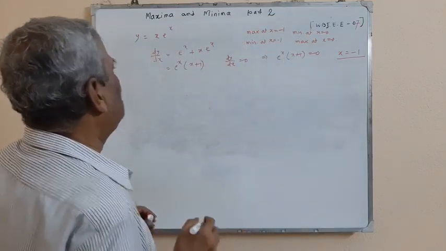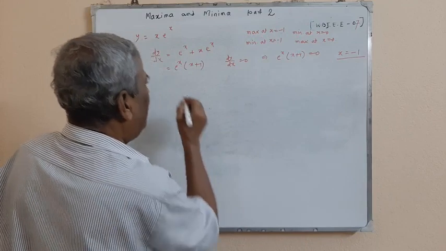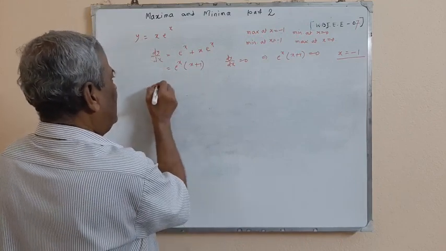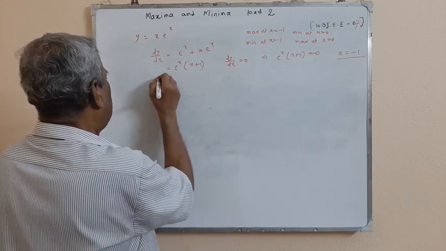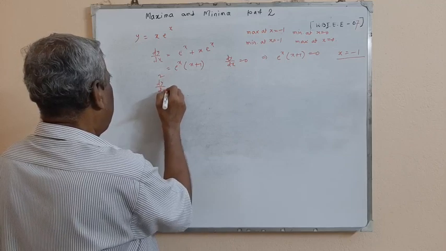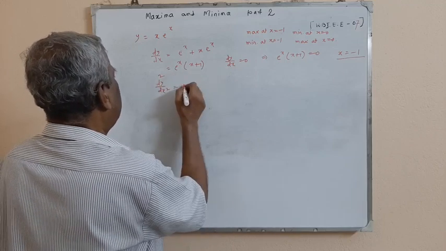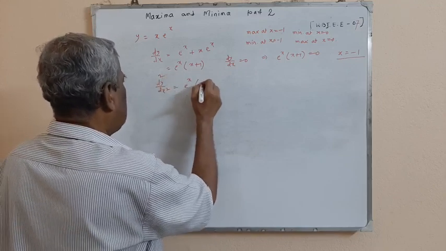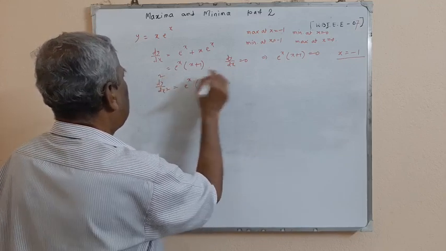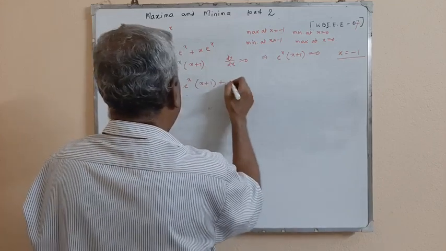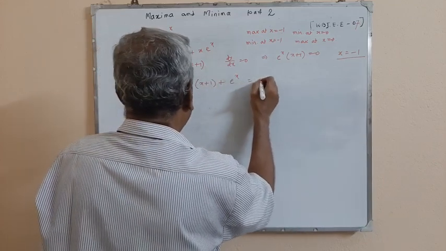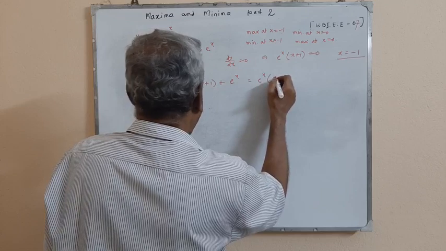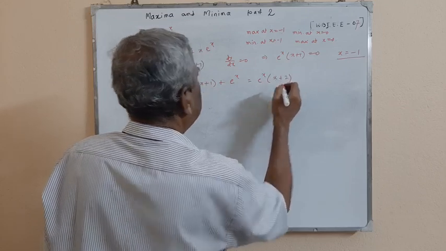For that purpose, we have to find the double derivative, d2y/dx2. It is the derivative of e to the power x into x plus 1, that is, e to the power x into x plus 1 plus 1 into e to the power x, which is equal to e to the power x into x plus 2.